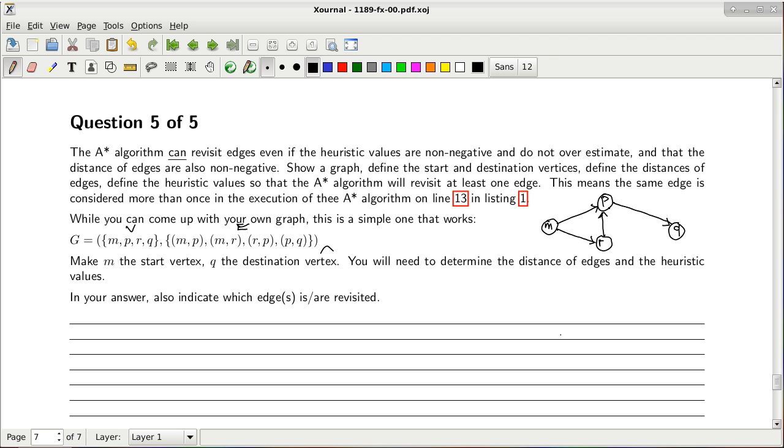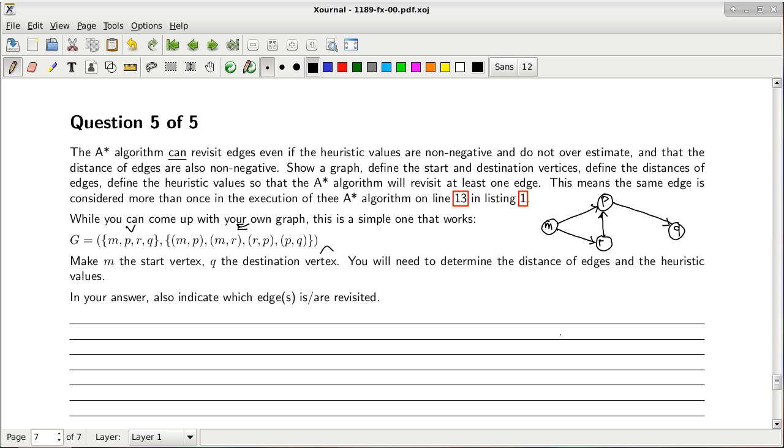The initial edges, the edges leading out from the start vertex, MP and also MR, are very unlikely to be revisited, because any revisit has to be triggered by an element being selected from the set O, and we know that M cannot be reintroduced into the set O, because M is a start vertex where it has its own G value initialized to 0, and that can never be getting any smaller. And as a result, we know that the edge MP and MR cannot be of consideration here.